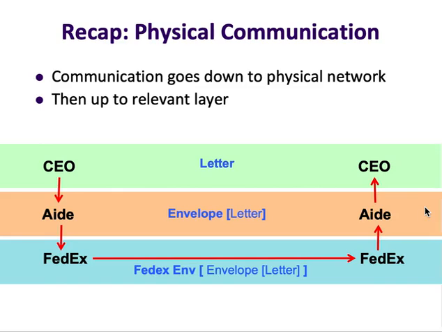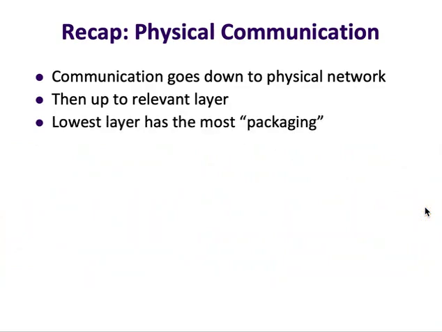Similarly, on the receiving side, the aide knew that when you get the FedEx envelope, you open it up, you take the envelope, you open it up, and you take the letter to the CEO. So each layer knows how to unpack packaging and repack the message. Communication goes down to the physical layer network, then up the layers, and at each level we add some packaging. The lowest layer, the truck carrying the FedEx envelope, has the most packaging, and the application has the least packaging. It has the original message.